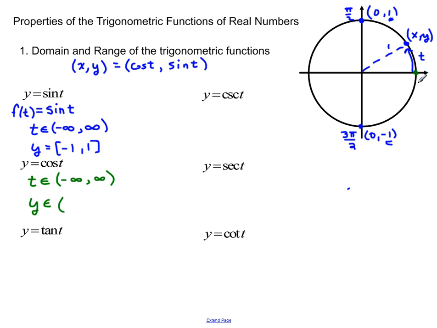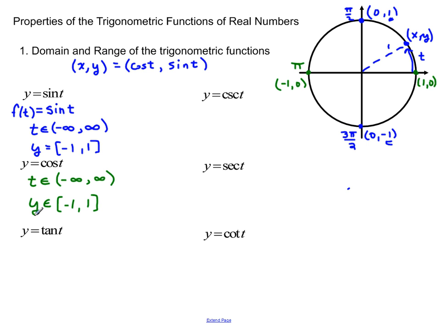And we found that at 0 right here, at the point 1, 0, the largest x value that I'm going to get is positive 1. The smallest x value I'm going to get out is over here at pi, which is the point negative 1, 0. And so just like with our previous function, it turns out that the range for cosine will also be from negative 1 to positive 1, right?